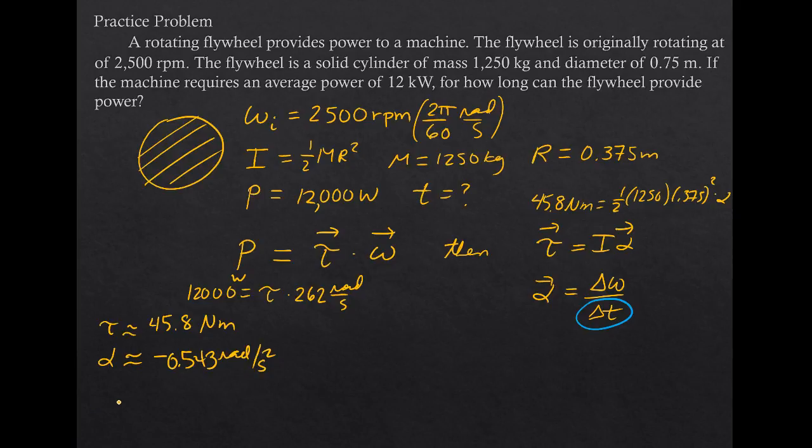And finally, we know that omega final is equal to omega initial plus alpha t.